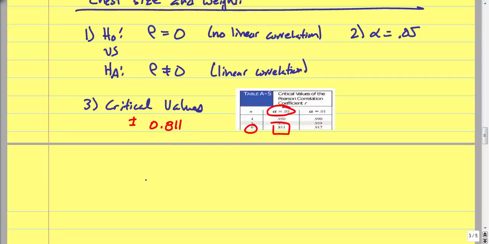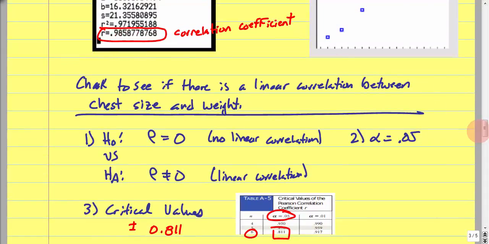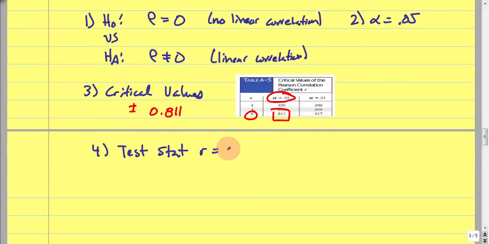Now my test statistic we already have is just our R value. And remember that R value is very, very high. It was 0.9859, we'll say. We'll round it to 4 places. Then we're going to make some sort of a decision.